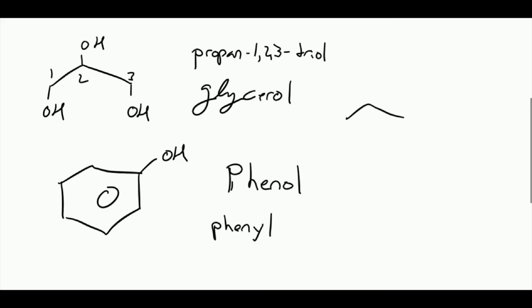Okay. So if you had something like this, a chain with a benzene ring on it, this would be 3-phenyl butan 2-ol.